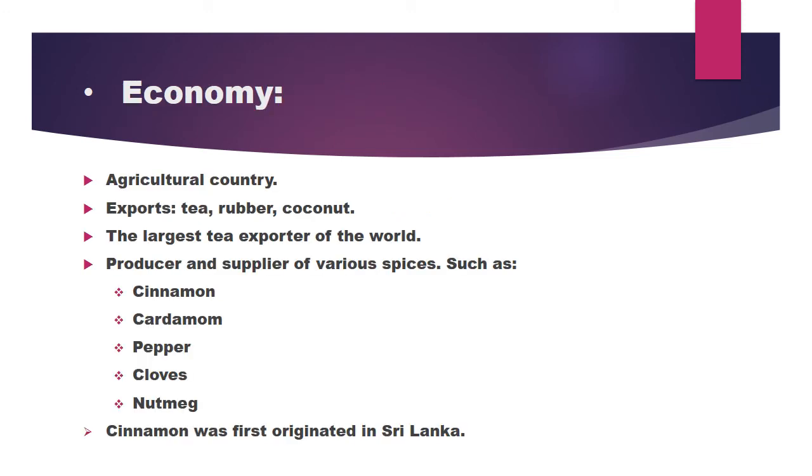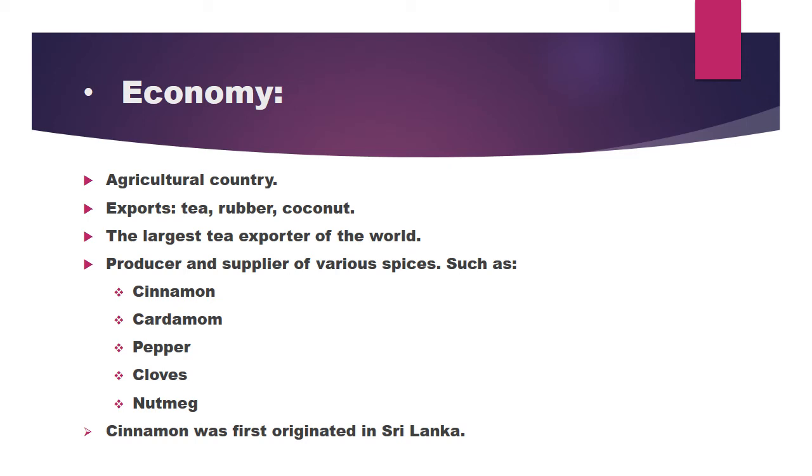Let's go to the next. Economy. It is an agricultural country, and its economy has traditionally depended on agriculture. This country has an emphasis on exporting some crops like tea, rubber, coconut, etc. This country is the largest tea exporter of the world, and Sri Lanka also produces and supplies various kinds of spices.